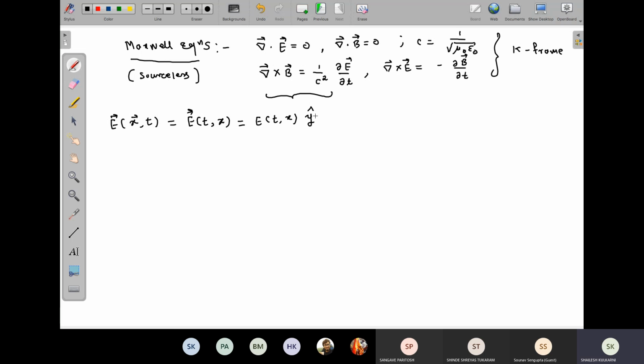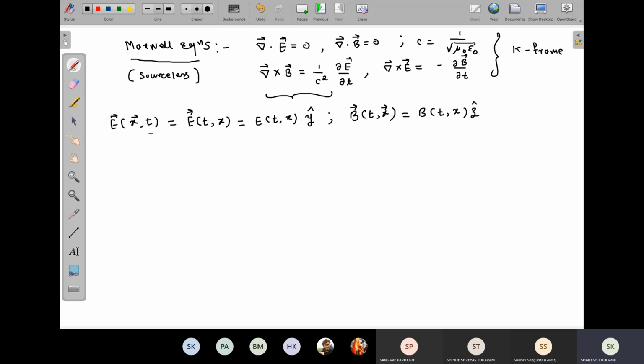Similarly, I will choose the magnetic field in the k direction, and I will assume that it also depends only on time and x coordinate. It changes with time and x, but is directed along the z direction.